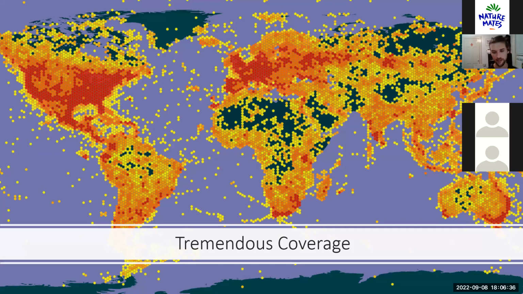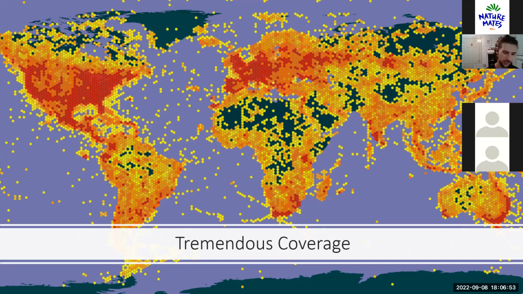And that's all you have. You don't have information of how hard people were looking, if they recorded everything they saw, or just that one species. So there is a lot missing in these data, but it has tremendous coverage.